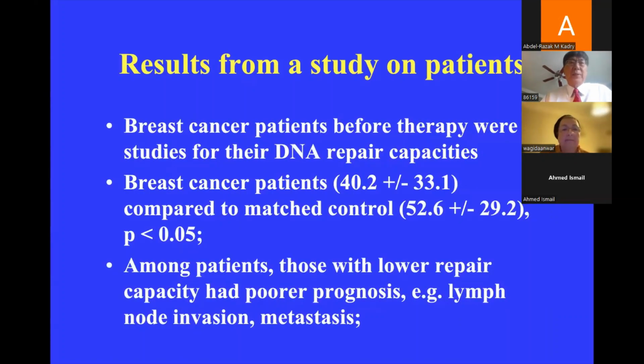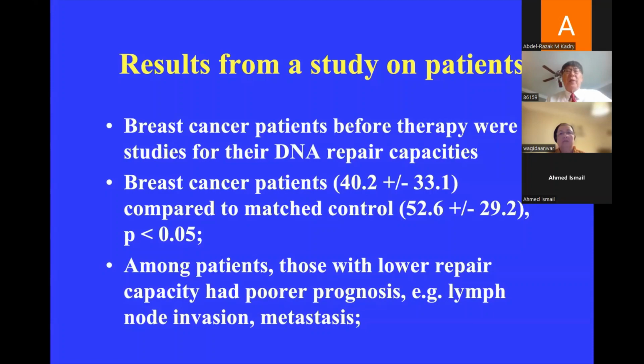Among the patients, some of them have lower repair than others, just like the pesticide exposed population. Some of them are worse. But in cancer patients, we can make an association with outcome, because we find that those with lower repair capacity have poorer prognosis.